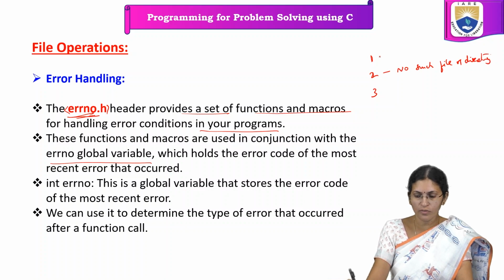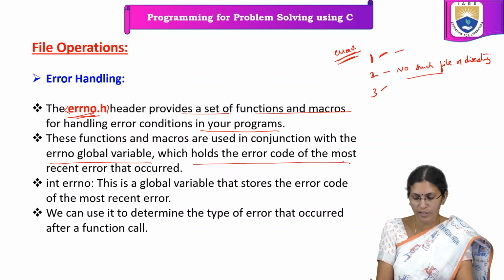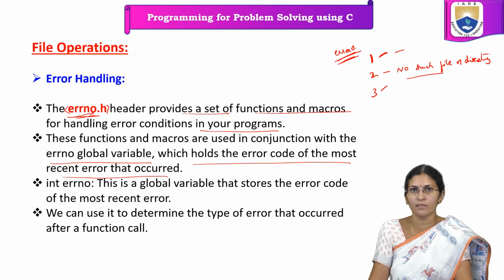So all these values we can check. errno is a global variable. It has the definitions for the different types of errors which occur in the program. If you get 1, it is some error, 2 is some other error. It contains the description of the error, and holds the error code of the most recent error that has occurred.